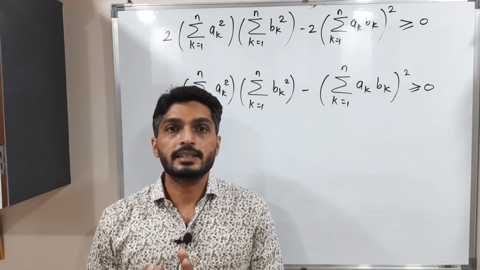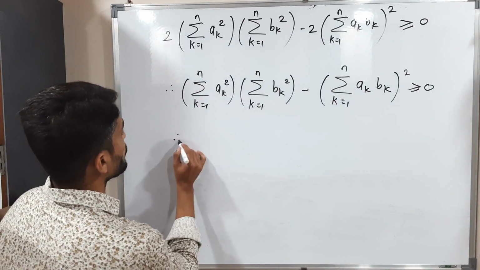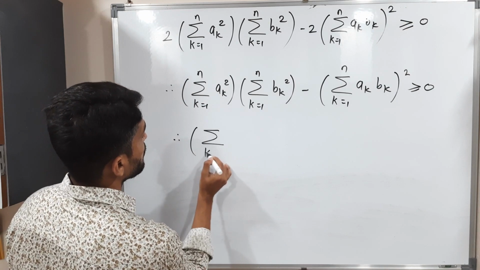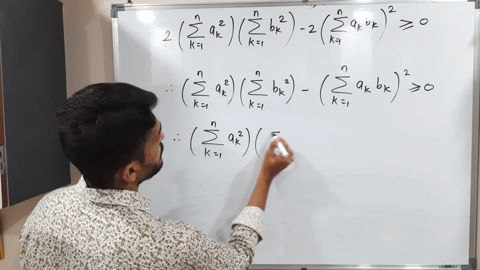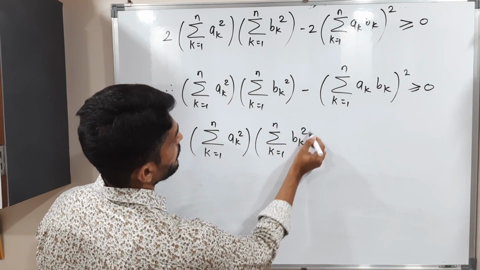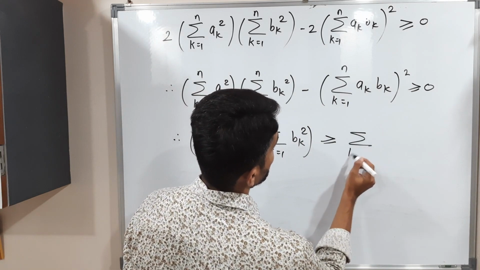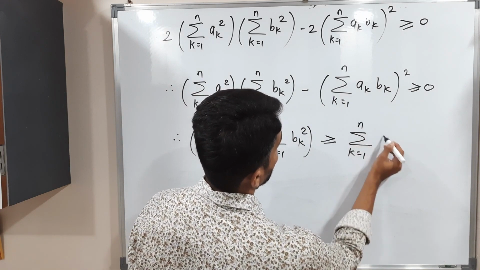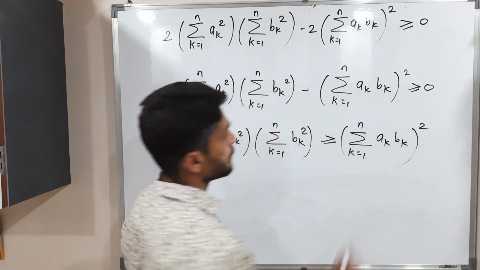It has a minus sign on this side, so if you shift it there, it will have a plus sign. So therefore summation k running from 1 to n ak square, right, summation k running from 1 to n bk square, I am shifting this bracket to that side, greater than or equal to summation k running from 1 to n ak bk whole square.